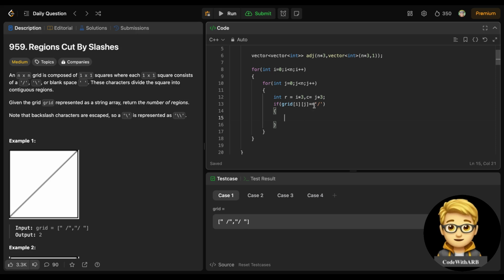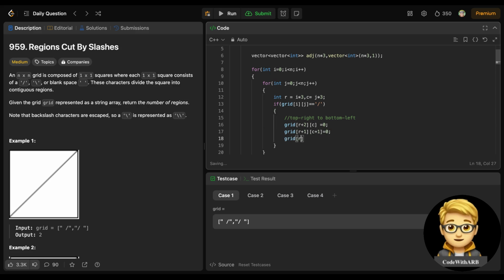If it is a forward slash, it will start from top right to bottom left. So now we will mark this row. The top right will be r plus 2 with the same column, marked as 0. Second, grid r plus 1, c plus 1, which is marked as 0.